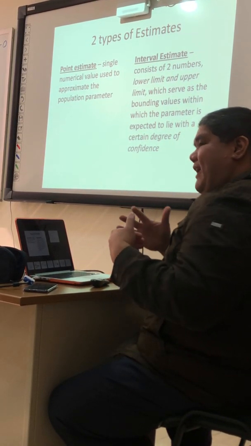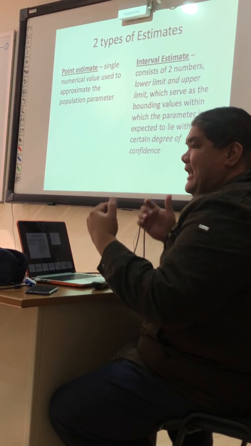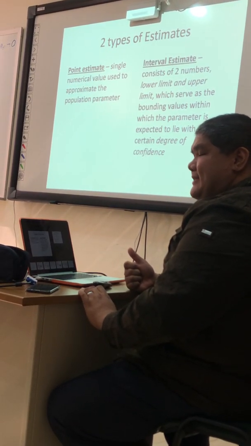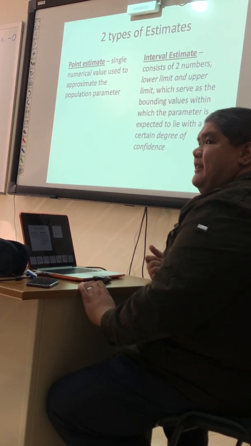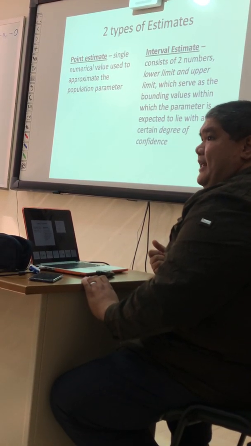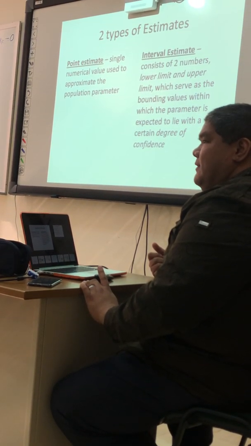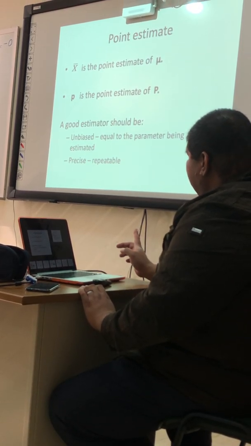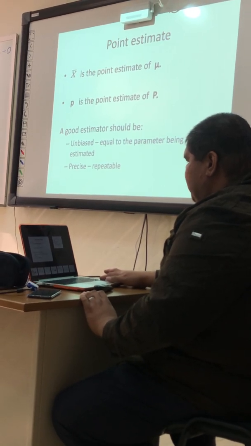But you can have any level of confidence. Usually, traditionally, these are being used in research or by statisticians: 90, 95, 99% level of confidence. Do you get me? Shabab? Okay. So these are the estimators. Small p for capital P, x bar for mu.